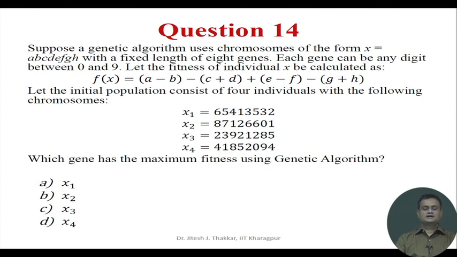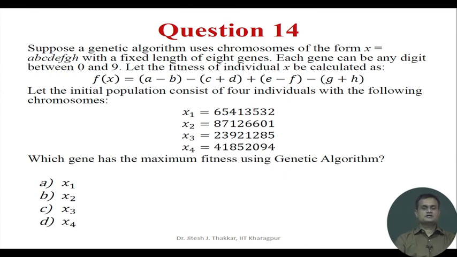Question 14. You are given a particular function, and suppose you are using a genetic algorithm with a chromosome of the form X = A, B, C, D, E, F, G, H with a fixed length of 8 genes. Each gene can be any digit between 0 and 9, and let the fitness function be F(x).